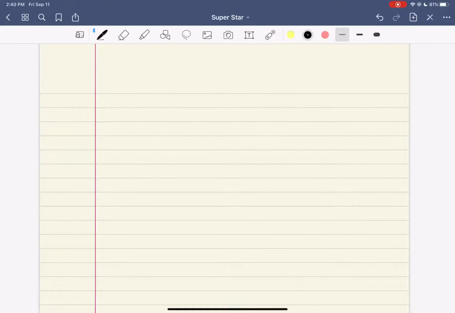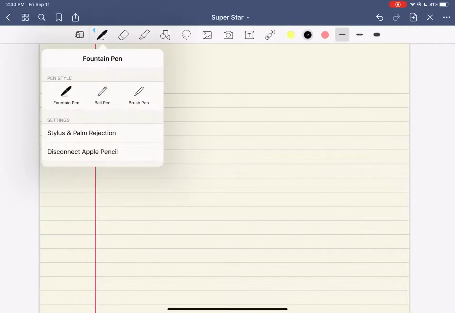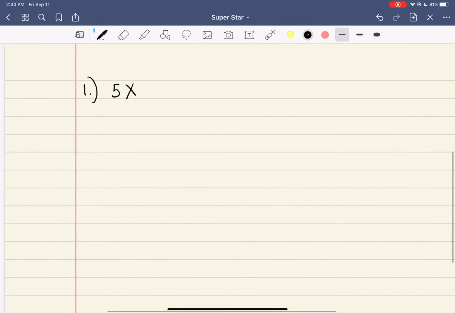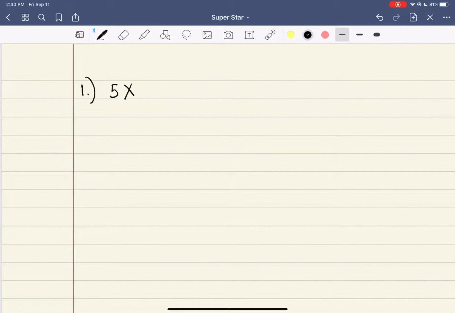So the first step is going to be to properly write each of the equations. So number 1, we have 5x plus 6 equals 2x plus 15.